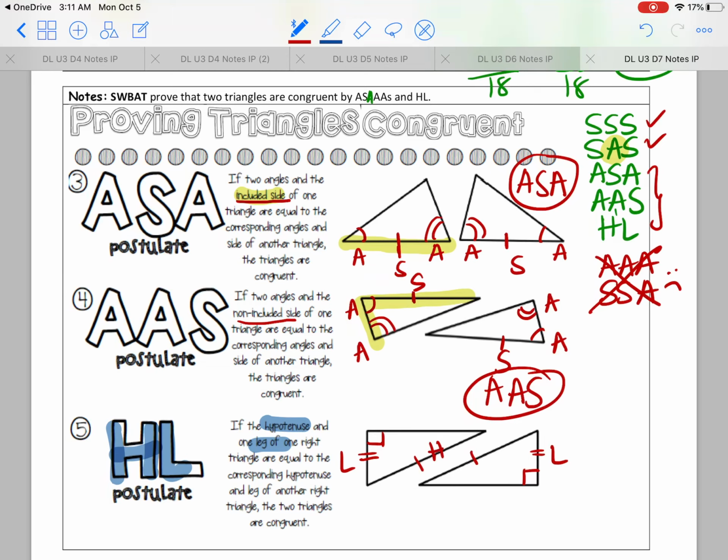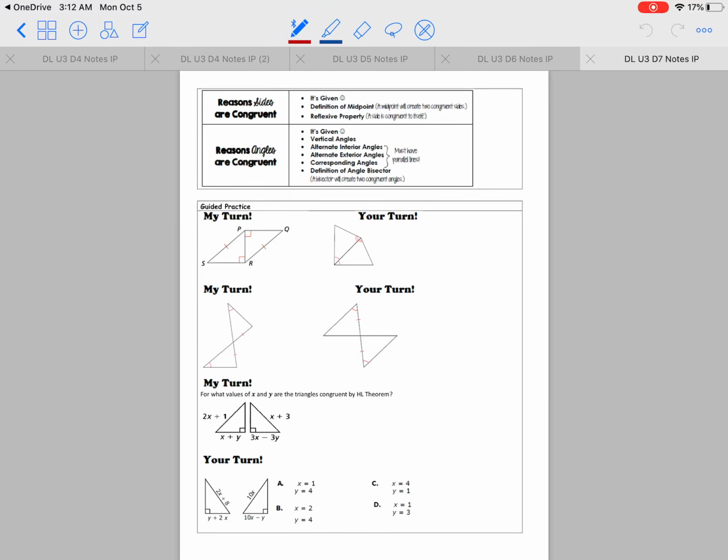So we just need the leg and we need the hypotenuse to be congruent. But again, this only works for right triangles. Super important that you know that. Because we have hypotenuses that are equal and at least one pair of legs that are equal, these triangles are congruent by HL, hypotenuse leg theorem.